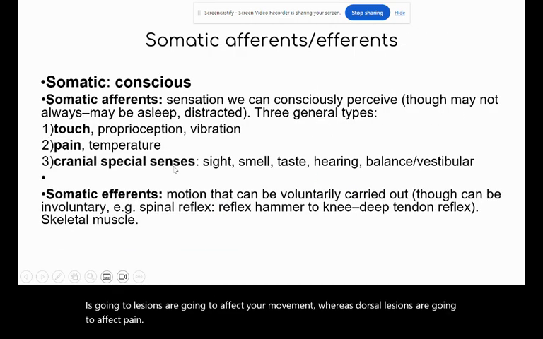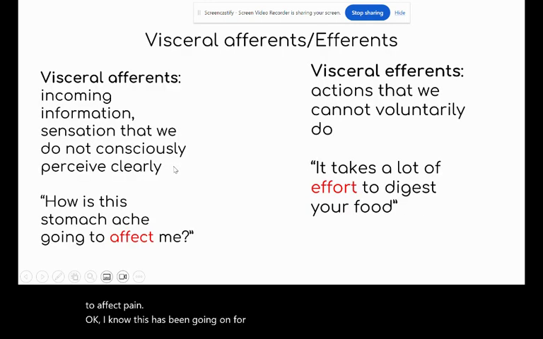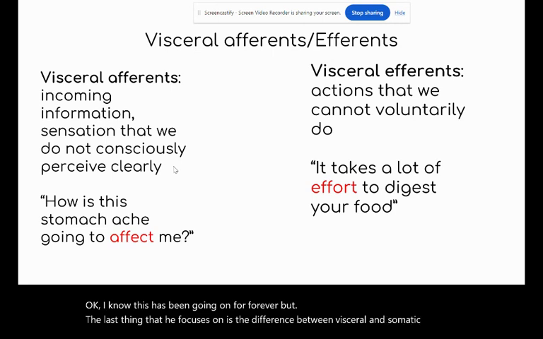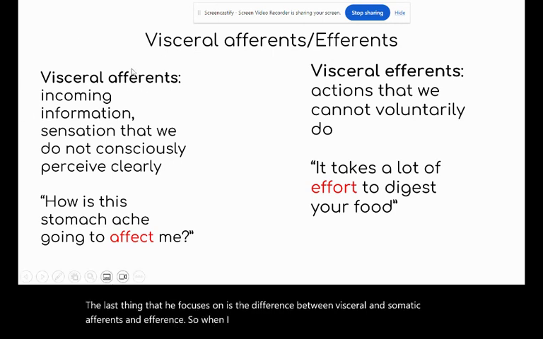Okay, I know this has been going on for forever, but the last thing that he focuses on is the difference between visceral and somatic, afferents and efferents. So when I think afferents, I think, how is this going to affect me? And when I think efferents, I think of the effort it takes to do something.